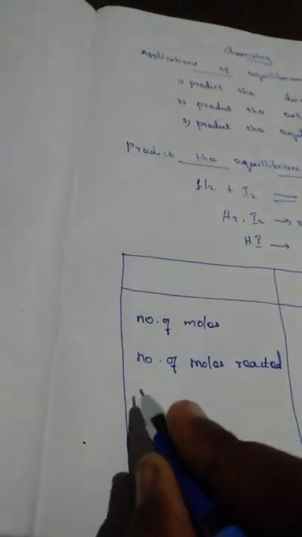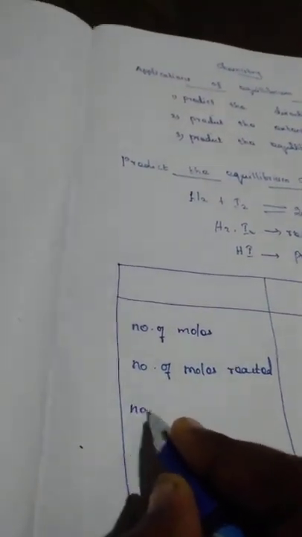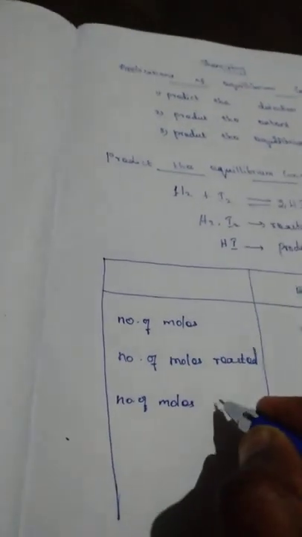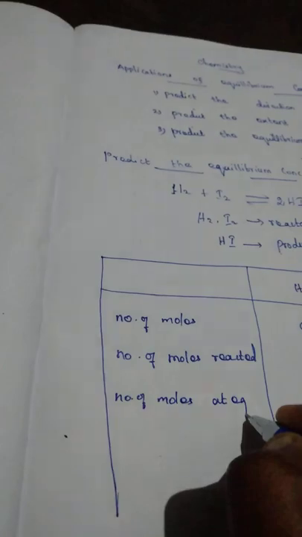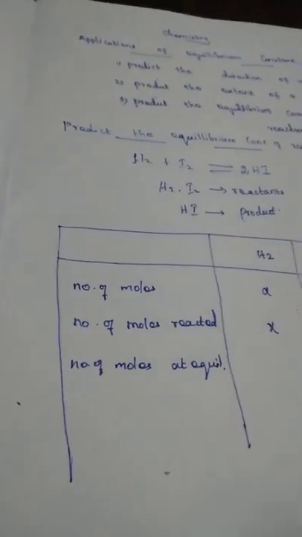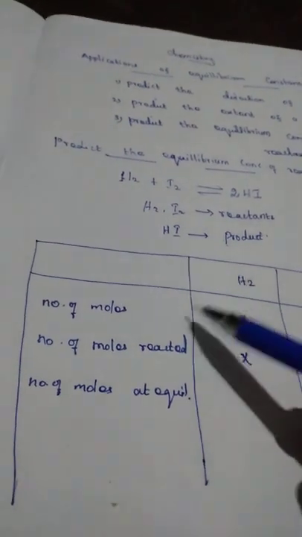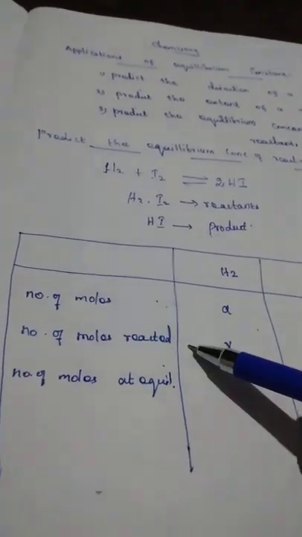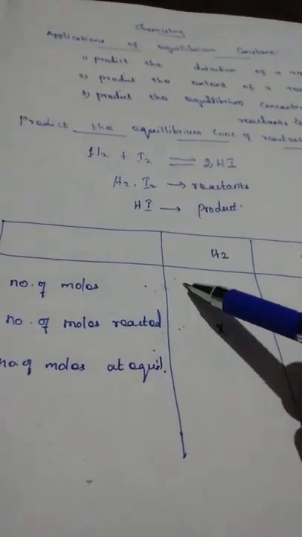Then in the third step we consider the number of moles at equilibrium. You subtract the number of moles reacted from the initial number of moles.